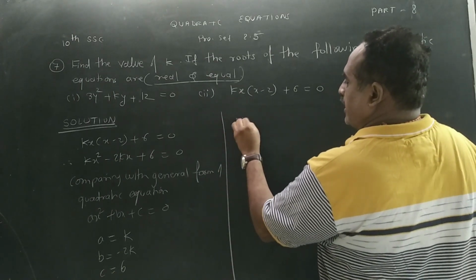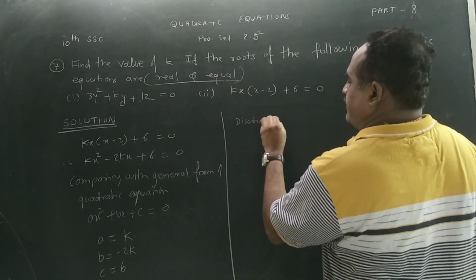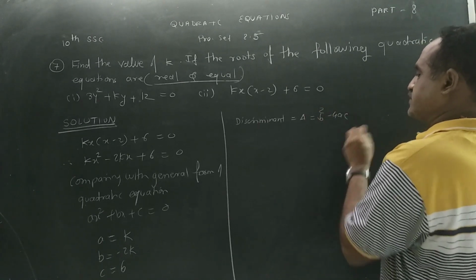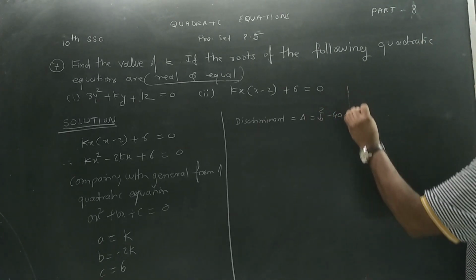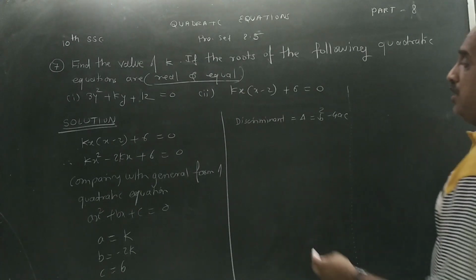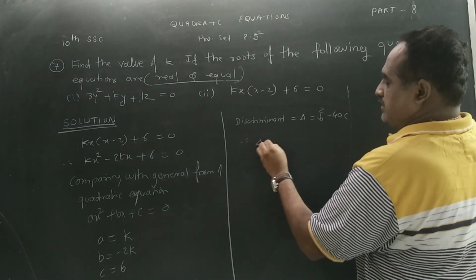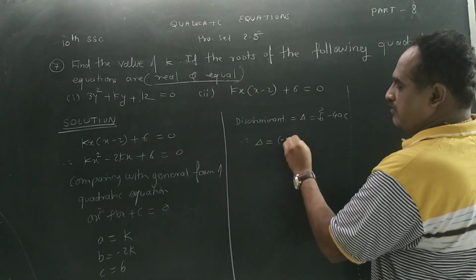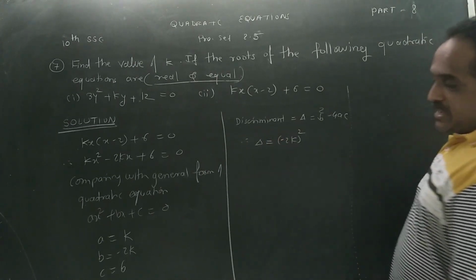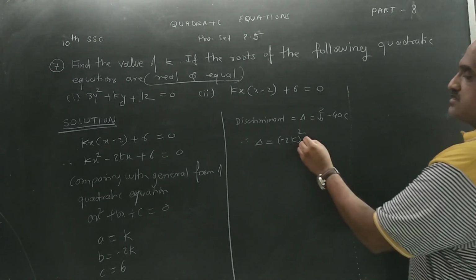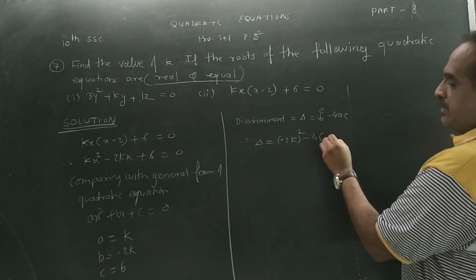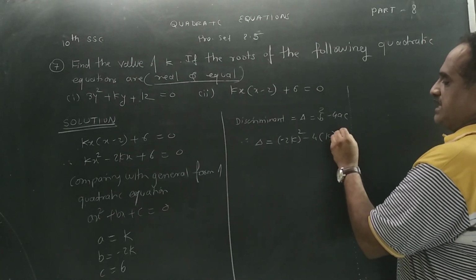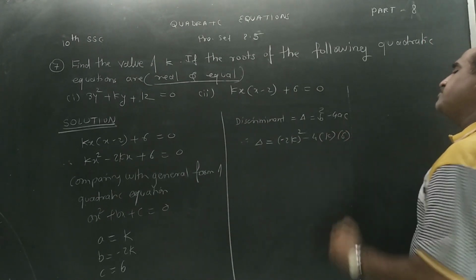Therefore, discriminant delta is equal to b square minus 4ac. Therefore, delta is equal to b value, which is minus 2k, squared, minus 4 into a value, which is k, and c value, which is 6.